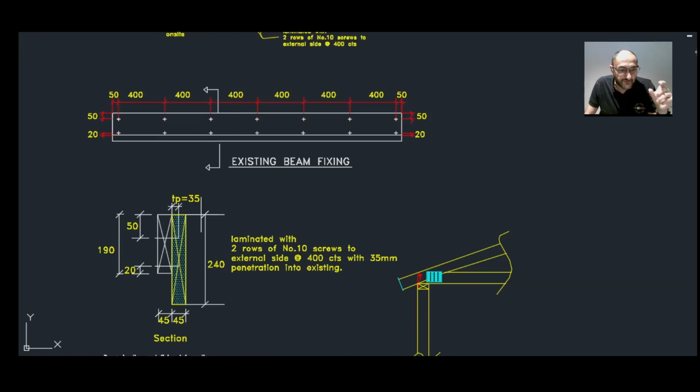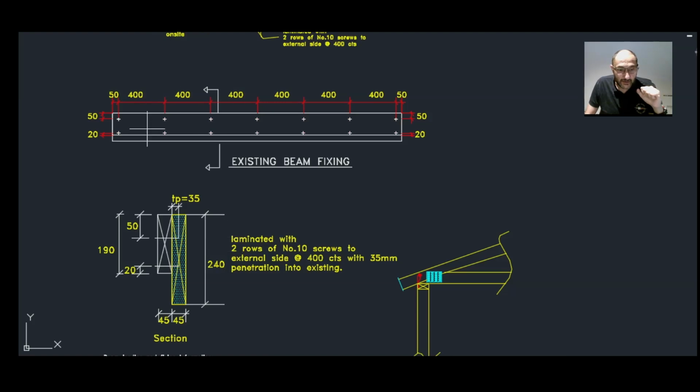Well, most of the time I recommend the building surveyor ask one of the guys out on site to remove a screw from the middle of the beam, especially if it's a simply supported beam where shear stress is minimal in that area. Then when you take the screw out, you can measure exactly the length of the screw. And I think this is probably a reasonable way to make sure.